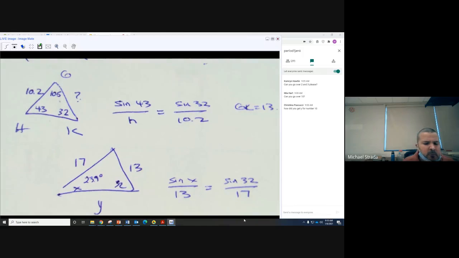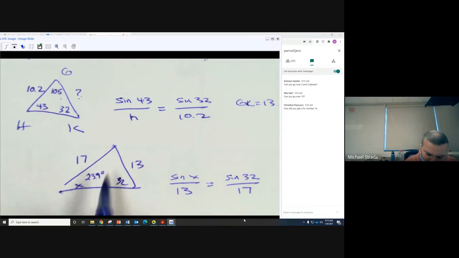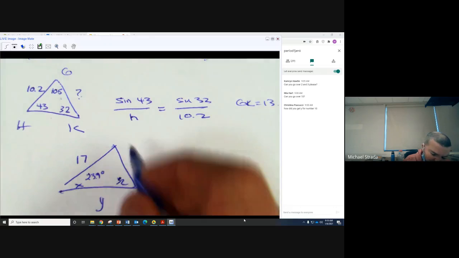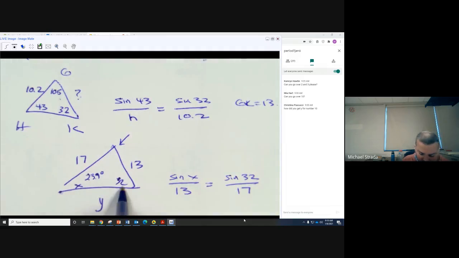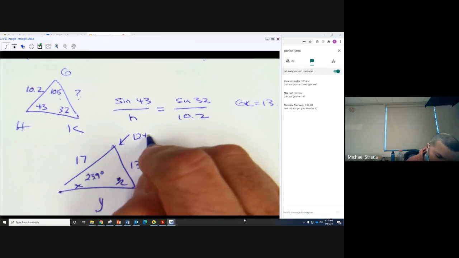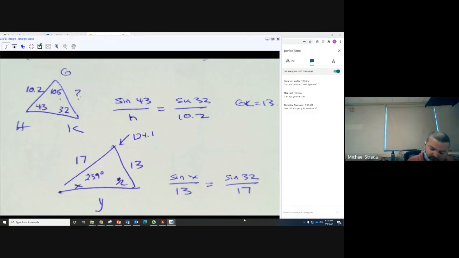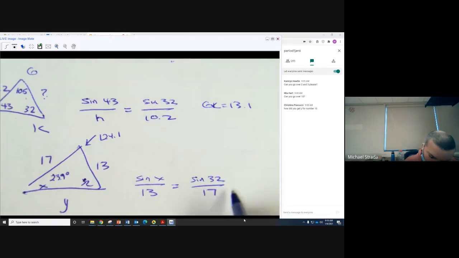Now, we asked about y. Basically, these two are two angles of a triangle. To get that angle, I'm going to add these two together to give me 55.9. Subtract that from 180, and that angle measures 124.1. So I'm going to go to my other side of the sine 32 over 17, and put the sine of that angle, which is 124.1, over y.